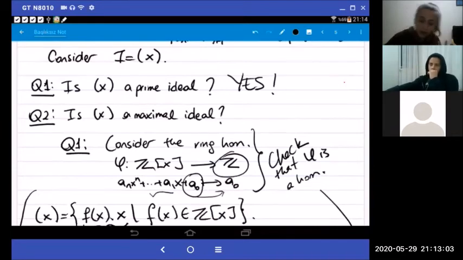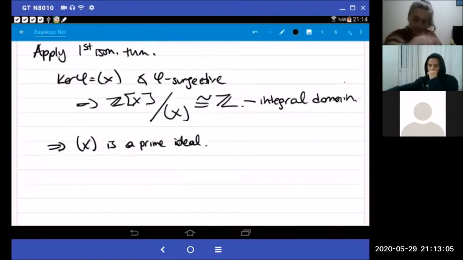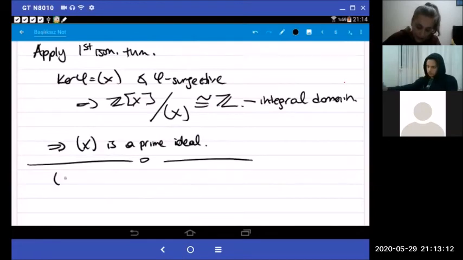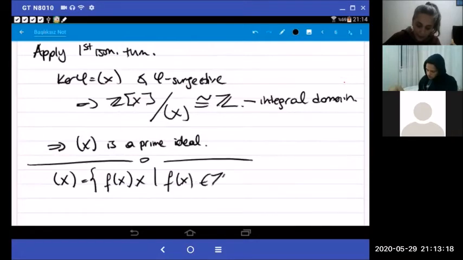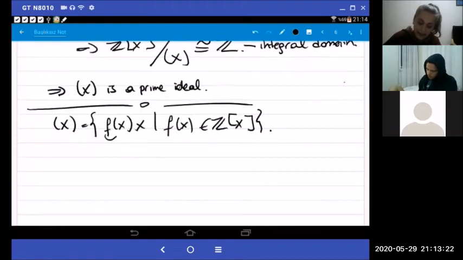The ideal generated by x is defined to be like this, right? And we have seen that these type of polynomials do not have constant terms.